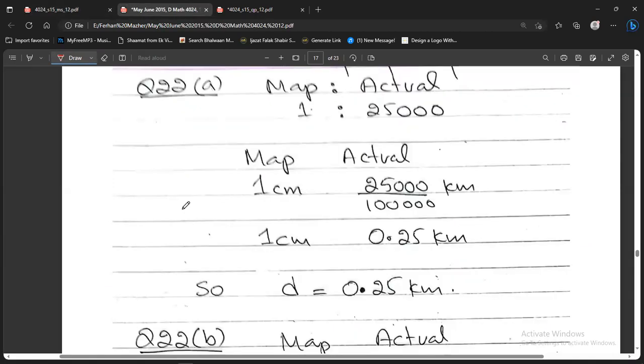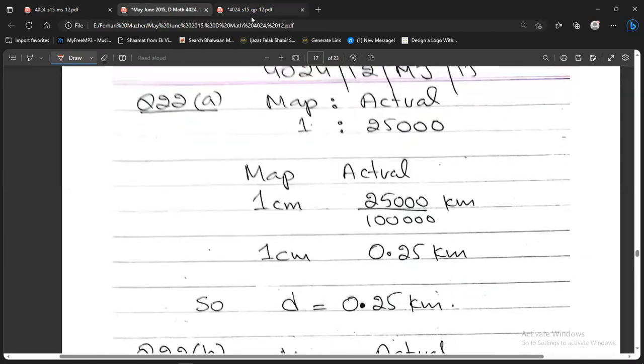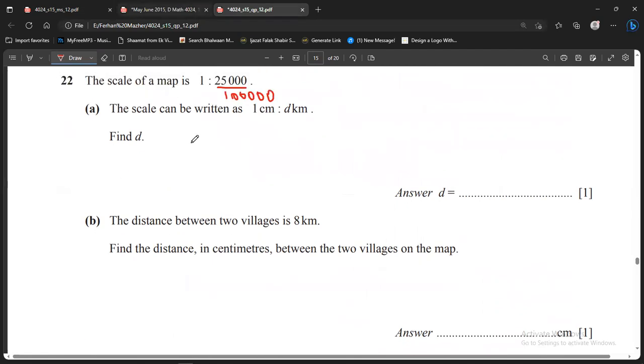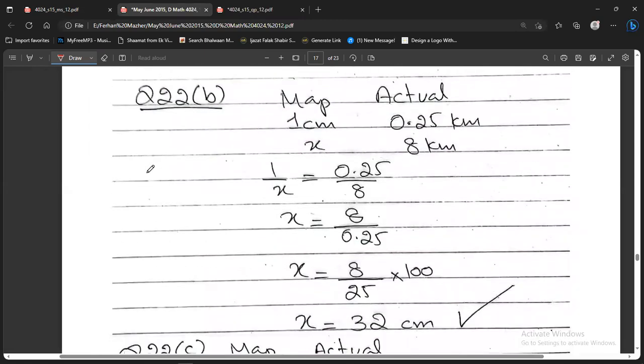0.25 kilometer, a little heavy question. Then he says the distance between the two villages is 8 kilometers. B part: find the distance in centimeters between the two villages. Now I know the scale. If something is 1 centimeter on the map, in actual it is 0.25 kilometer. And if something is 8 kilometers apart, how much will it be on the map? Let me say that is x.